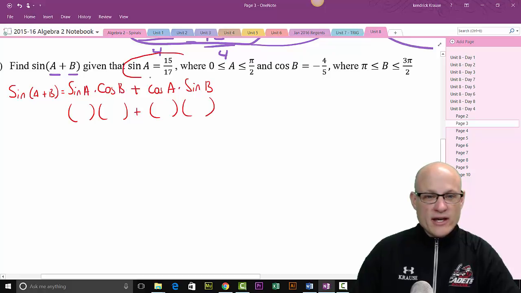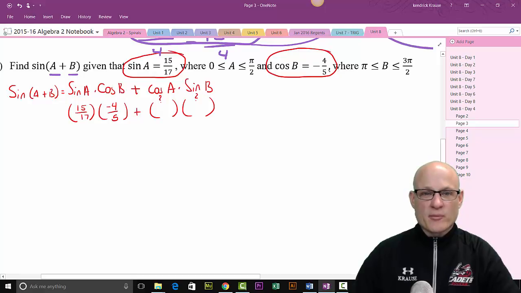Well, we know the sine of A is 15 over 17, and we know the cosine of B is negative 4 over 5. But we don't know either of these two.